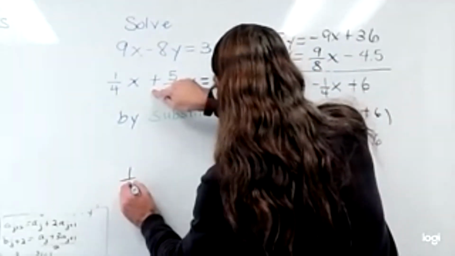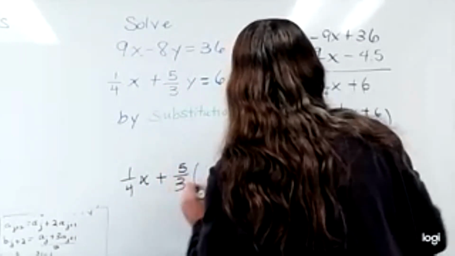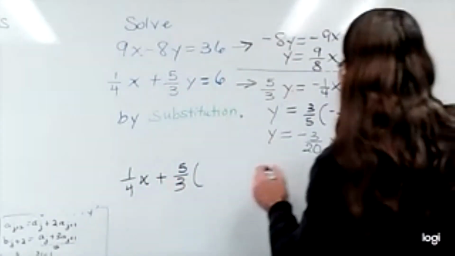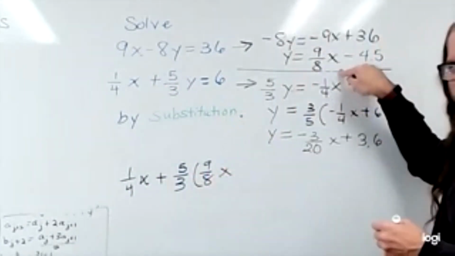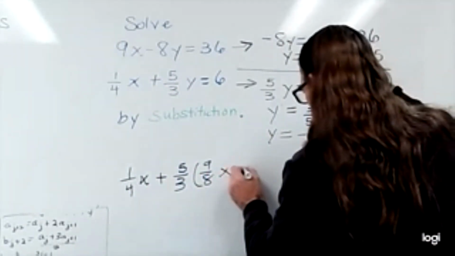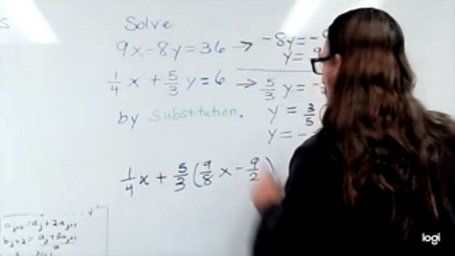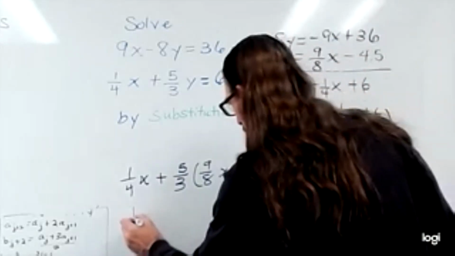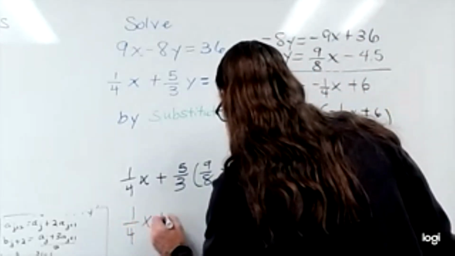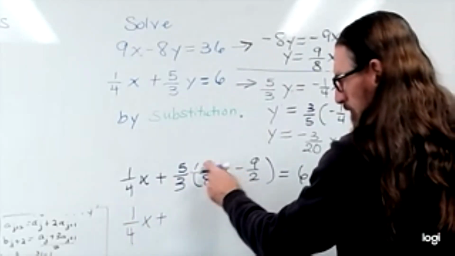1/4 x still, plus 5/3 times what we have for y. I'm going to go back to writing the minus 4.5 as minus 9/2, at least temporarily. And that equals 6. I can reduce 3 into 9.